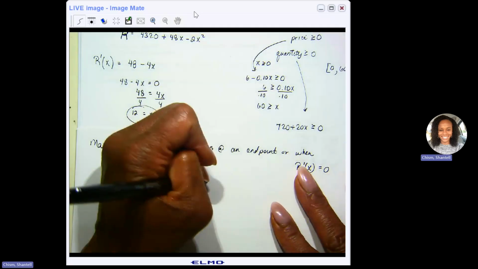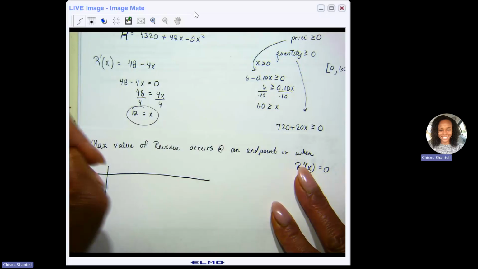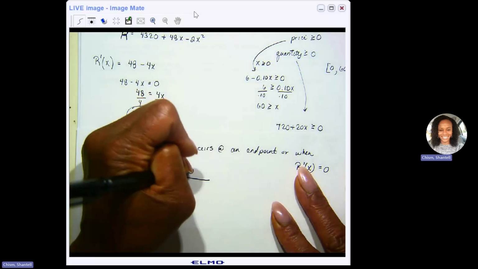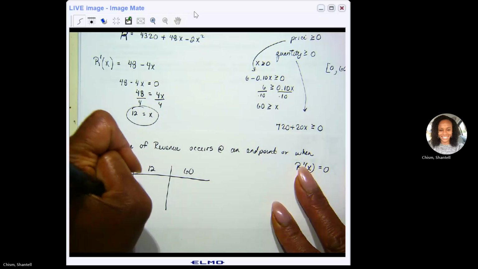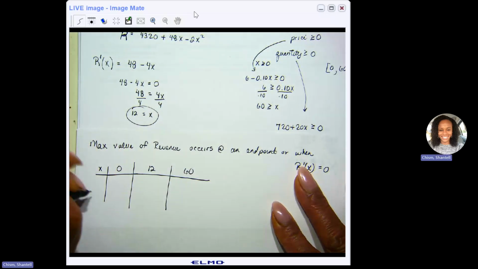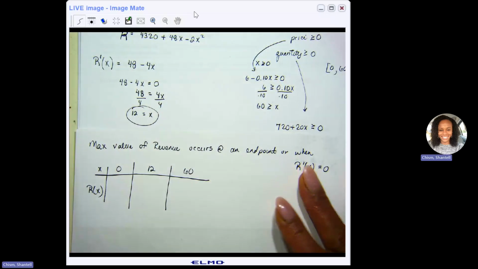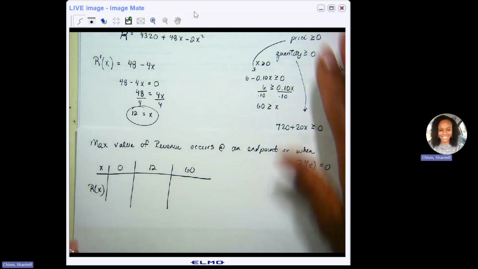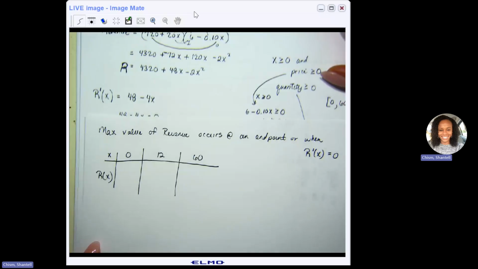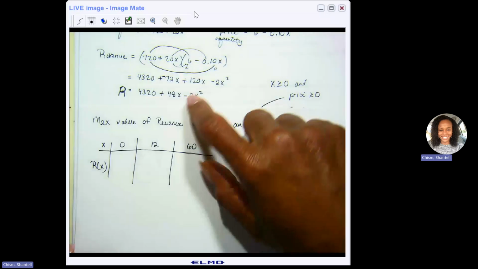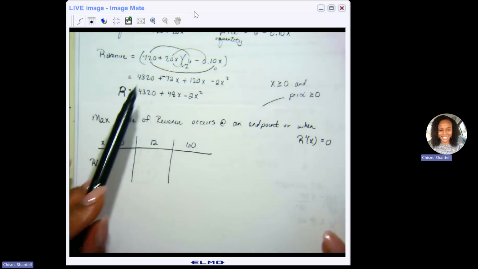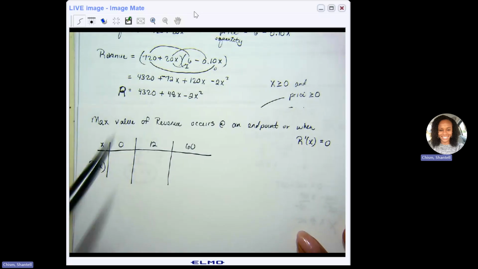So I'm going to create a little sign chart here. X could be 0, 12, or 60. And then I want to see what R will be. So when I plug 0 into the revenue function, there's the revenue function, I have 0 here and I have 0 here. So I end up with just 4320.